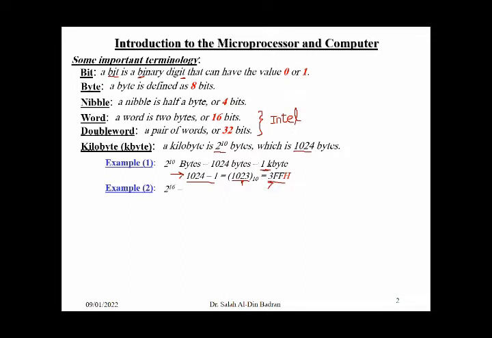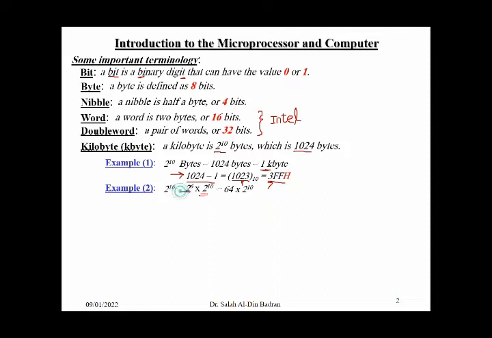Example 2. 2 to the power 16. We can divide it into two numbers just to get 1 kilo here. So 2 to the power 10, which is 1 kilo, and 2 to the power 6. We will write this as K, as kilo.